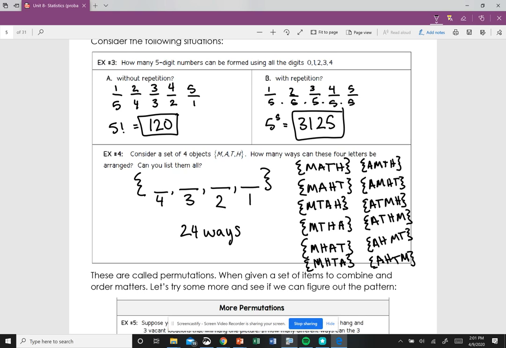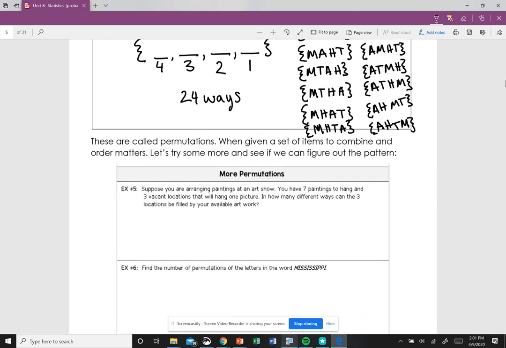And you can obviously repeat that same process with T and H. It's the first letters, and you would get all 24 ways. I'm not going to go over all of them just because I'm ready to move on.